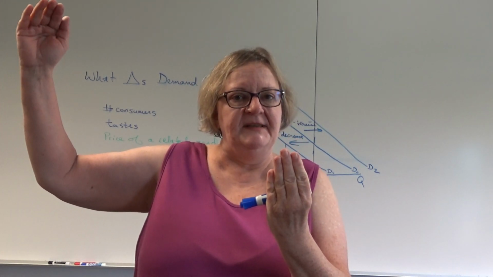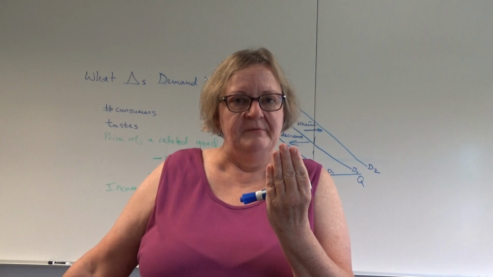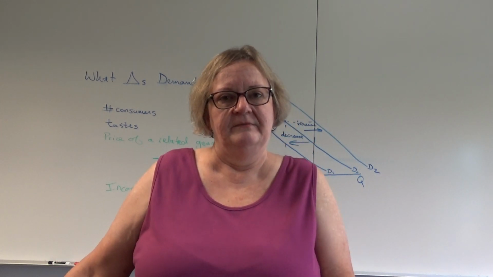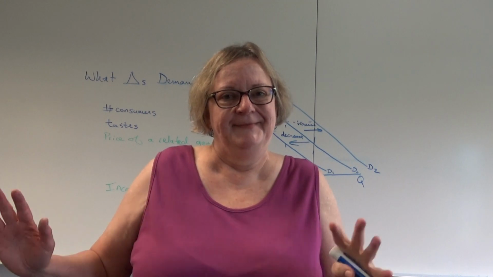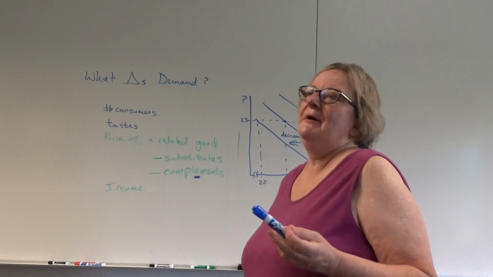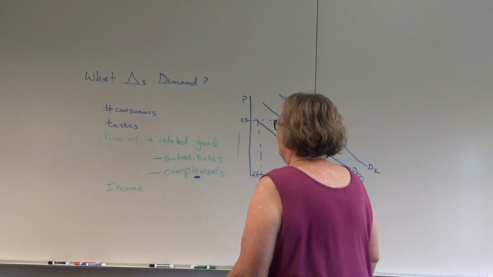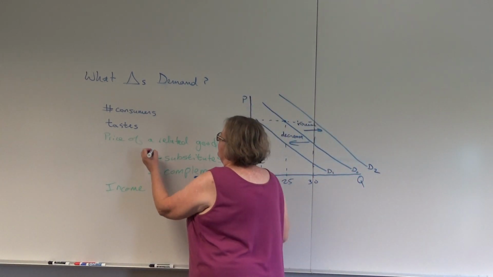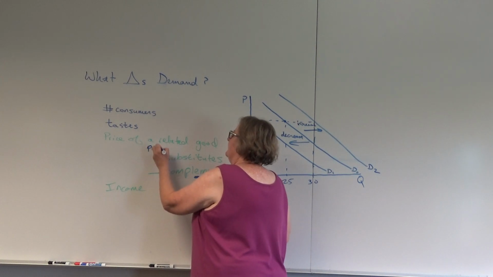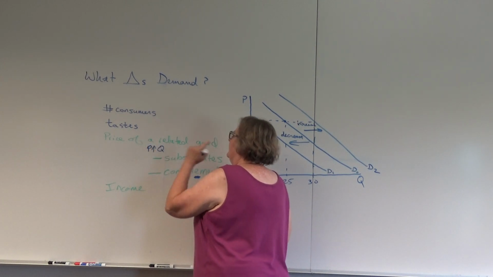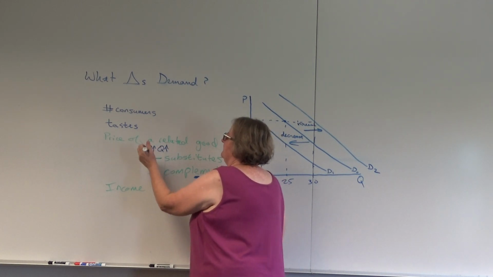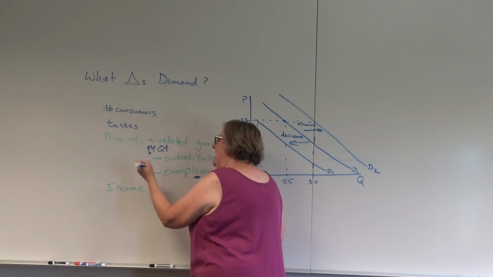If the price of Pepsi gets really, really cheap, people will probably buy less Coke, right? Okay. So, what's the direction here? With substitutes, the price goes up and the quantity also goes up, right?